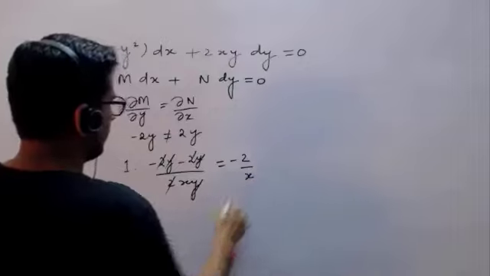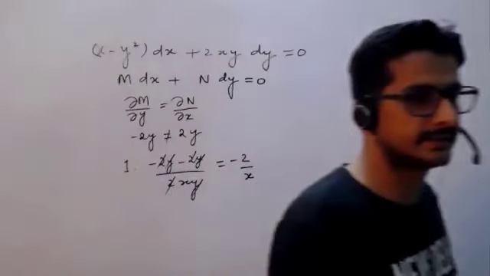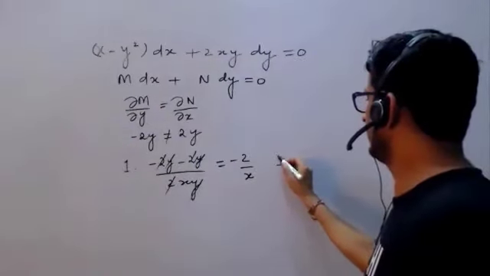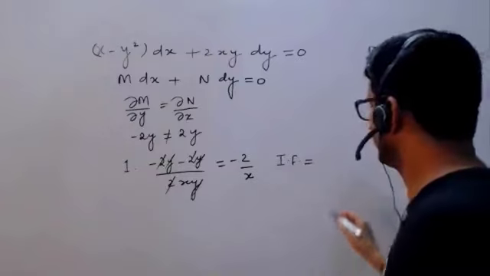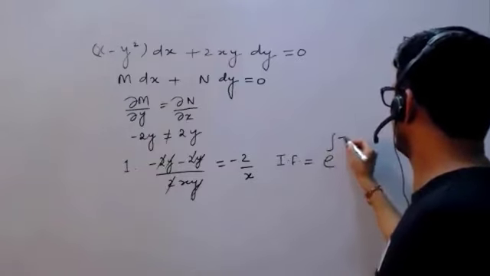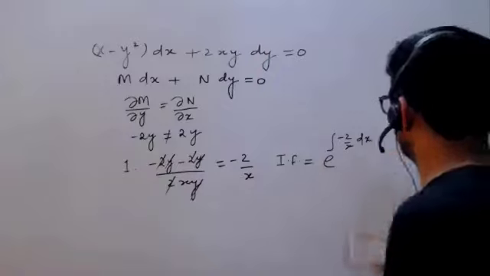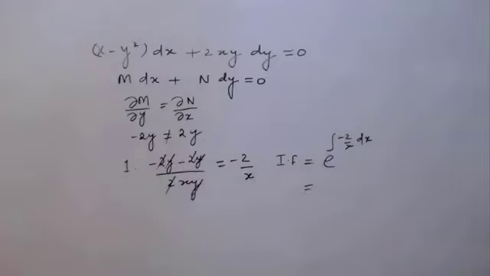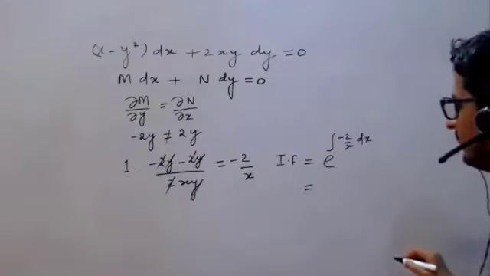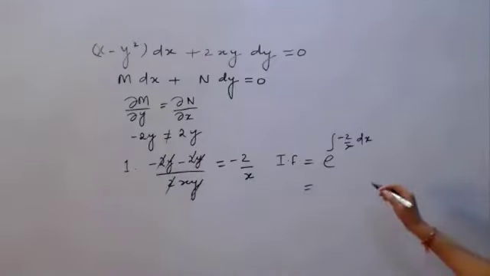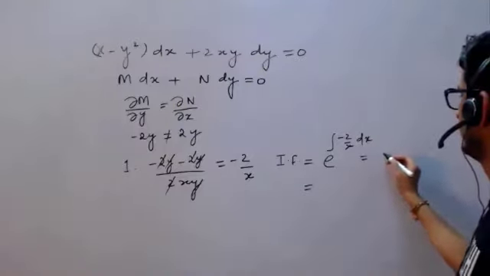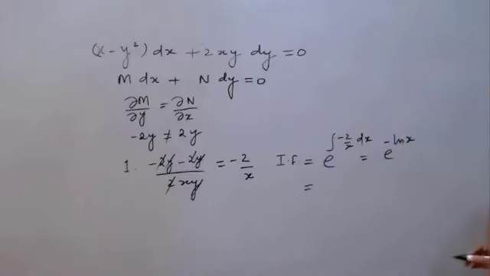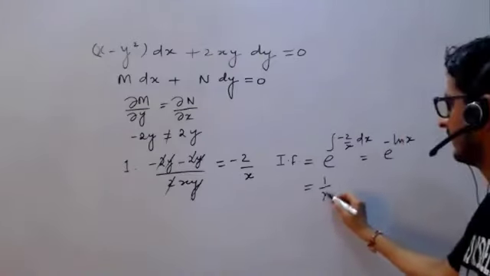Minus 2 by x. Correct? It will become minus 2 by x, and the integrating factor will be equal to e to the power integral minus 2 by x dx. Integrate it, e to the power minus log of x, so it will become 1 by x square.